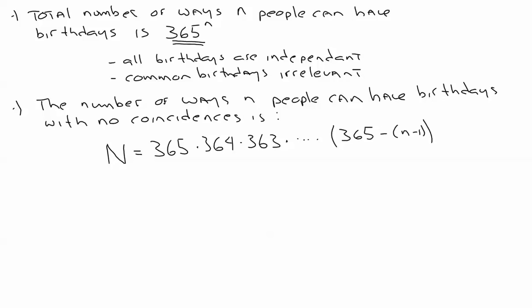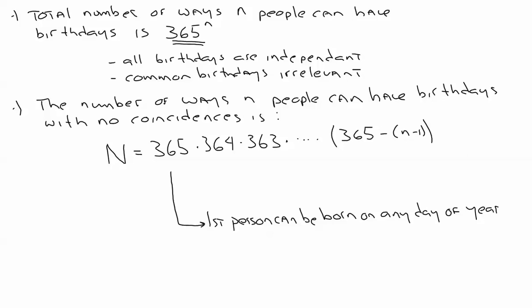And so what does this mean? The first person that we go up and ask their birthday can be born on any of the 365 days. For no coincidences, that means that the second person has 364 days they can be born on.